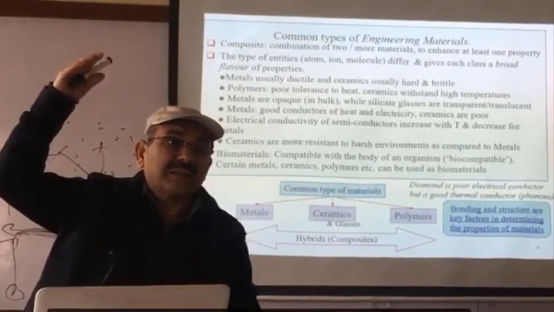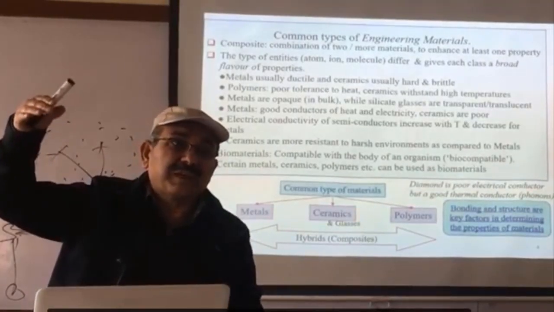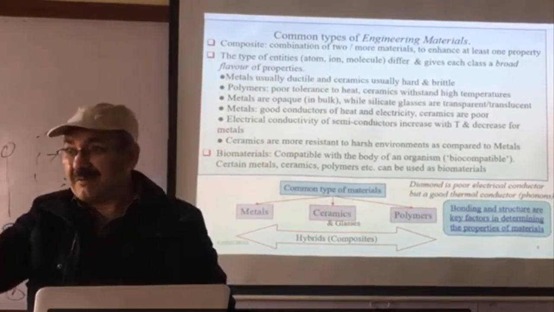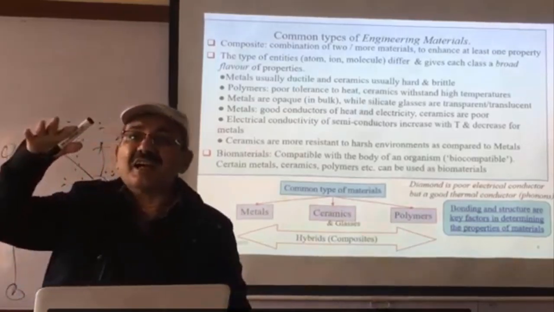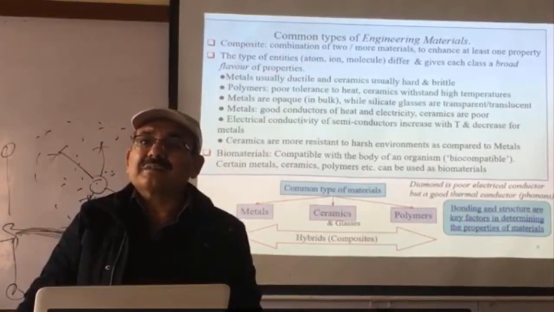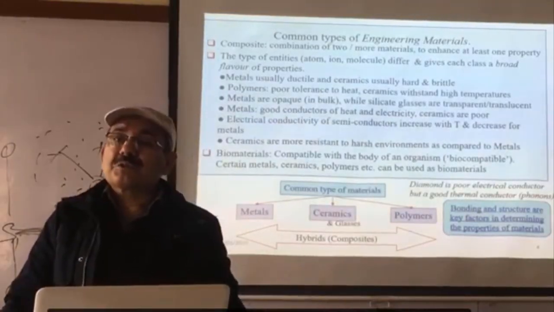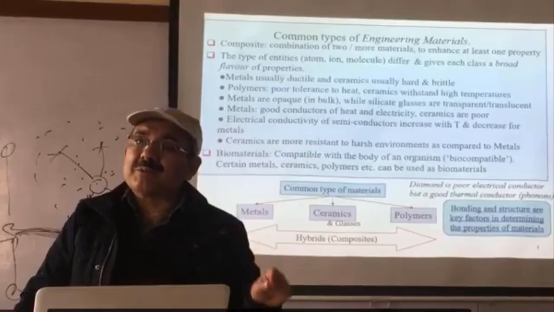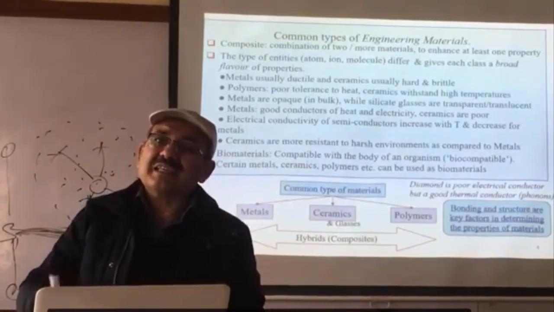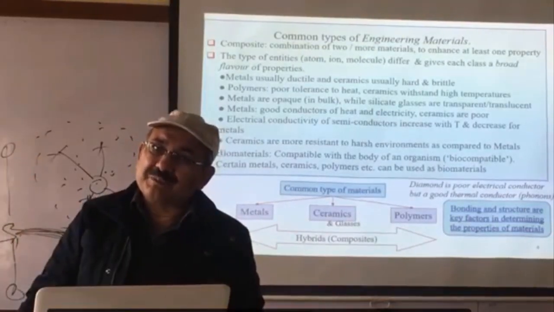So the gravel phase, the concrete phase, is the matrix phase, and the steel rods in it are the reinforcement portion. So you make a composite which at least enhances one of the properties of the material.